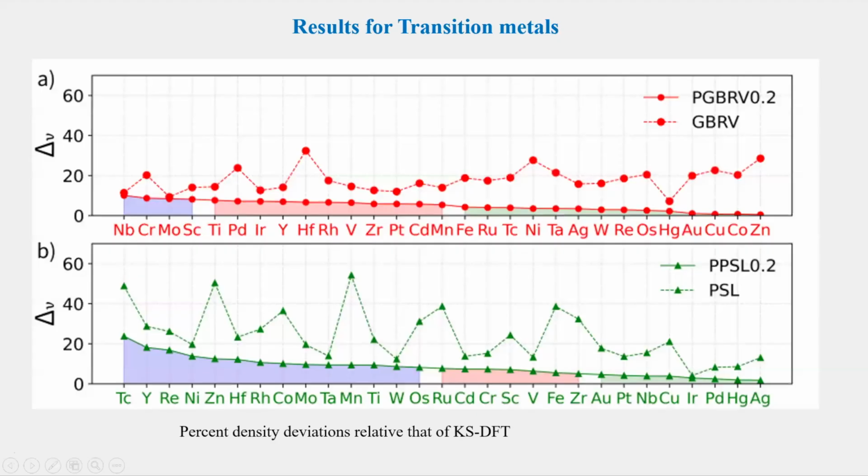So we tried this for transition metals, and this PGBRV 0.2 is the new pseudopotential we obtained, and the GBRV is the local part of the Kohn-Sham pseudopotential.